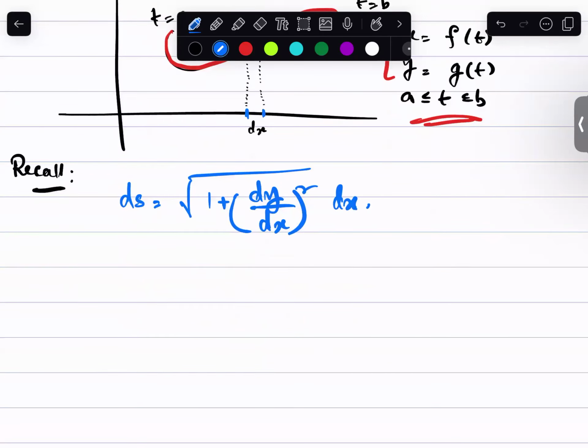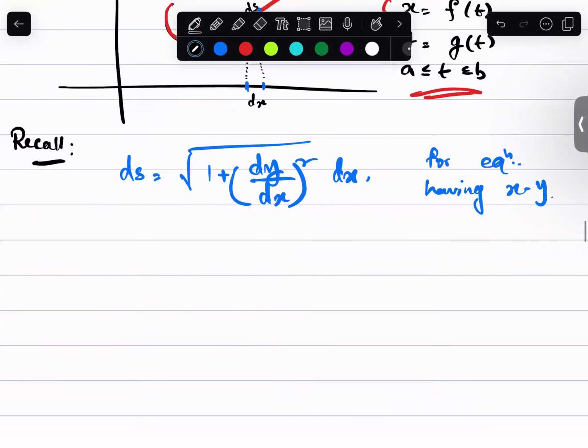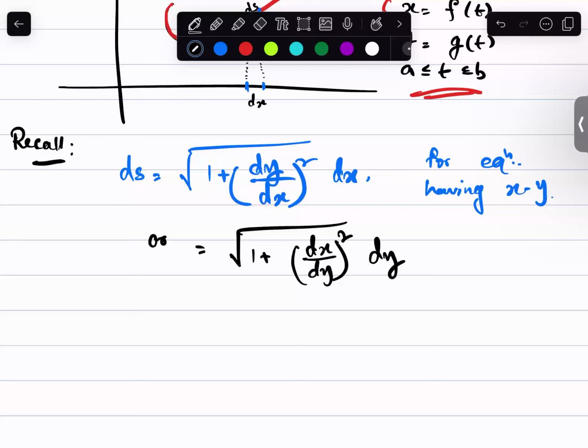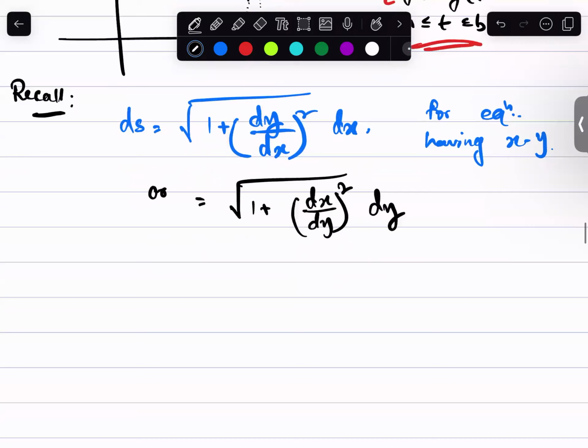No t was there. Or the other formula was just when the roles of x and y get reversed, and arc length was given by L, which is just the integration of ds.